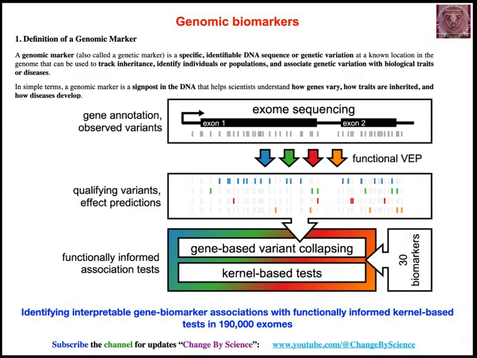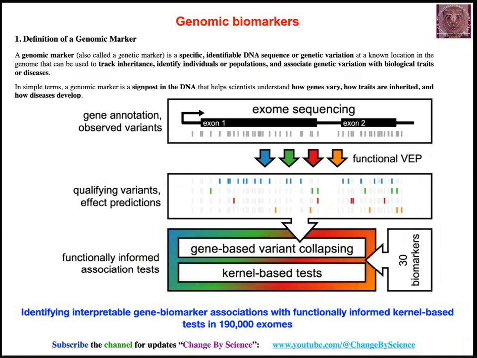So in terms of definition, a genomic marker, which is also called a genetic marker, is a specific identifiable DNA sequence or genetic variation at a known location in the genome that can be used to track inheritance, identify individuals or populations, and associate genetic variations with biological traits or diseases.